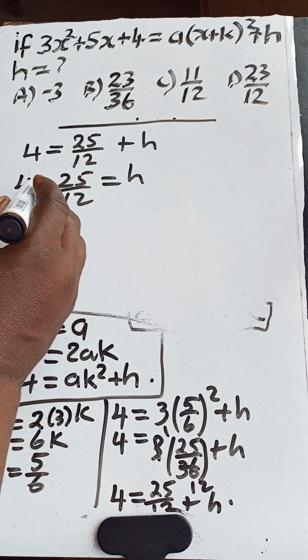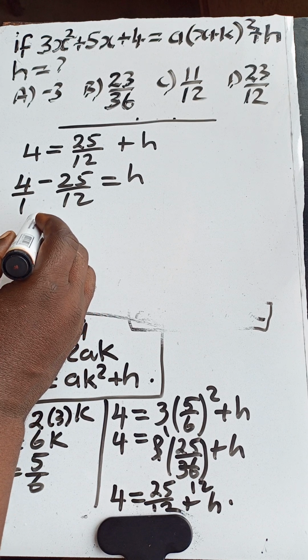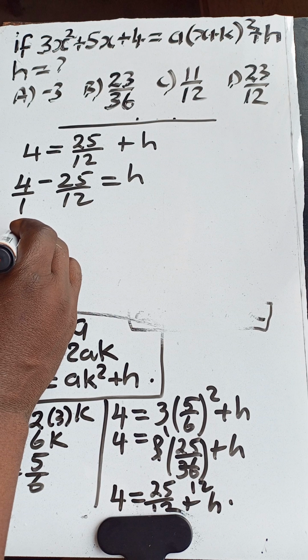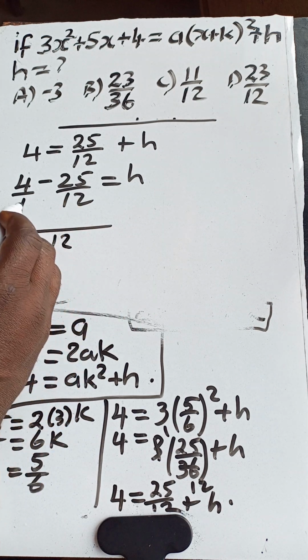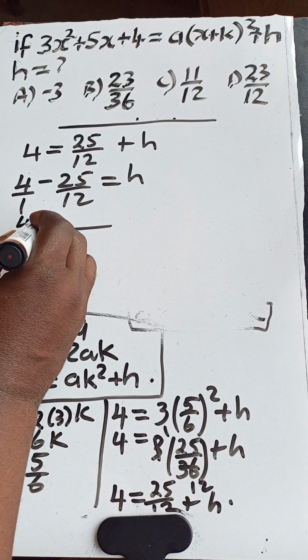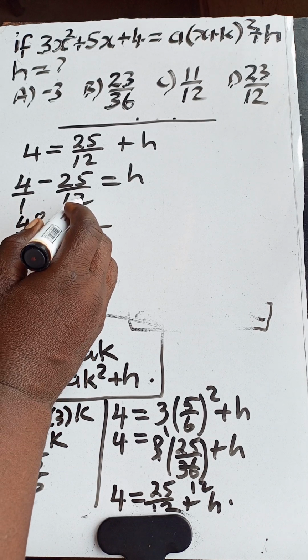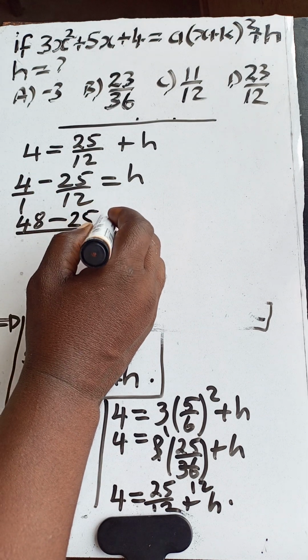This is a fraction. We can always make this one also a fraction by simply dividing by 1. And so we look for the LCM of 1 and 12. It is 12. 12 divided by 1 is 12, multiplied by 4 is 48. 12 divided by itself is 1, multiplied by 25 is 25.